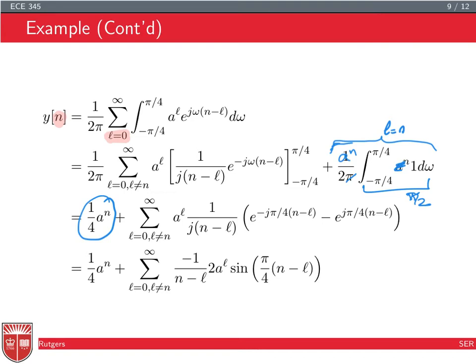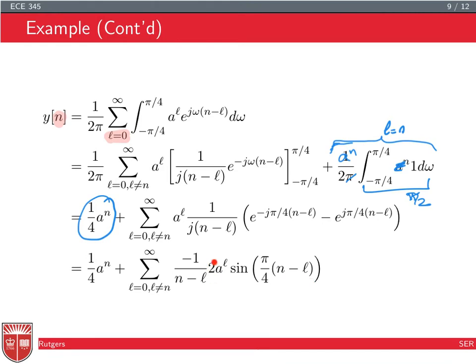And now I continue to the other part of the integral, the sum over L different from n of a^L, and then I work out this part, so it's equal to this minus this. If I use Euler's formula, this is actually equal to 2j sine of π/4 (n-L).